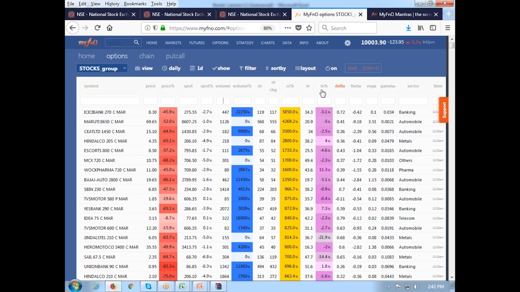We will be reading about IVs and OI later on, and this data and this place will come in handy while doing our analysis. The next is this put call.